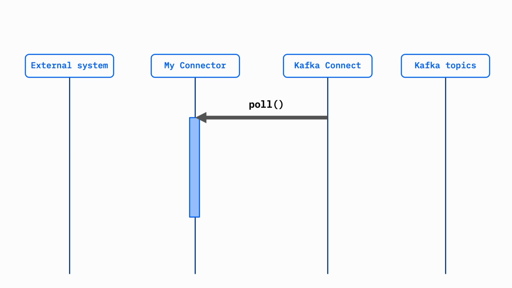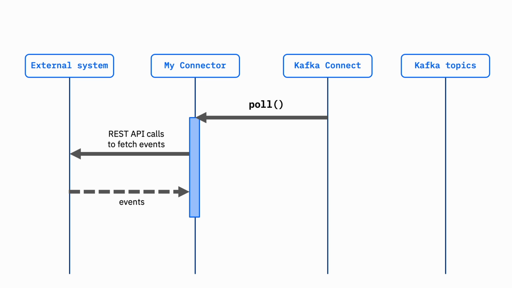Now, when that poll method is called, my connector can go and get the latest data from the external system. In the template project we're going to go through, I'm using REST API calls to do this, but connectors can use any type of technology, any type of technique that's appropriate for the external system we're interested in. It's going to be getting events by making some REST calls, some HTTP calls.